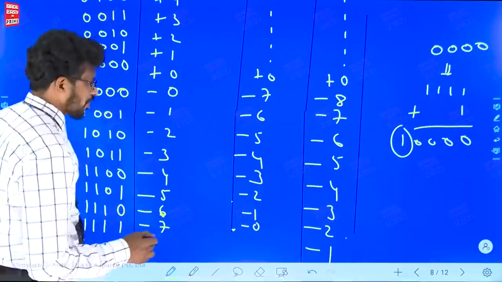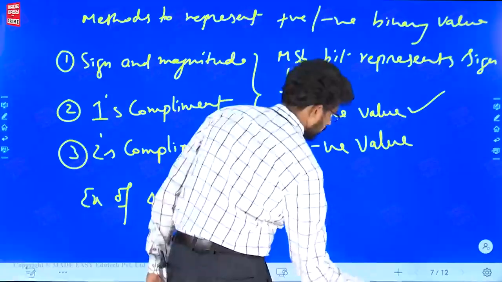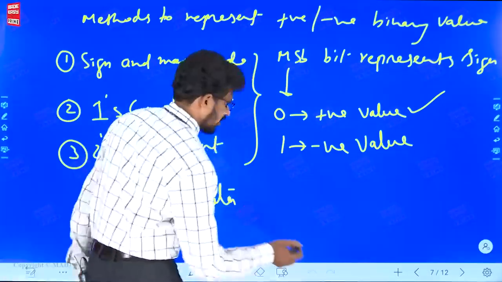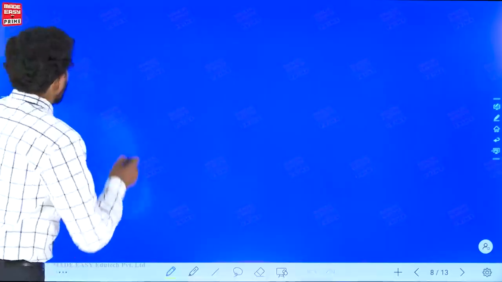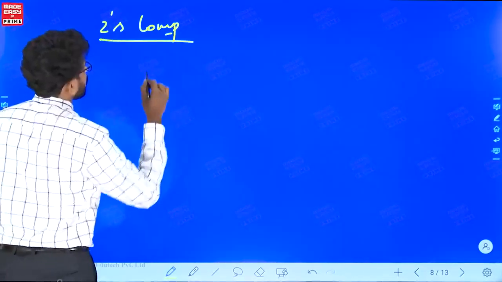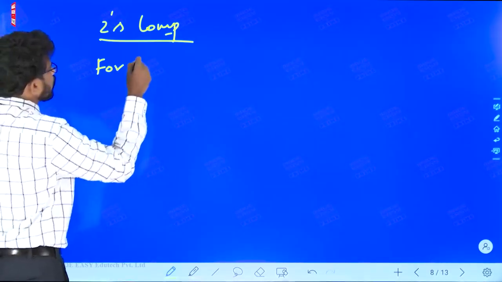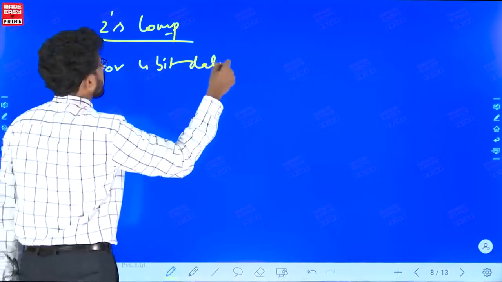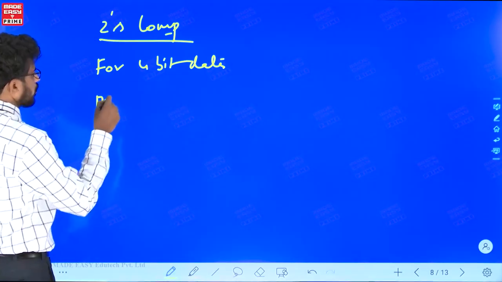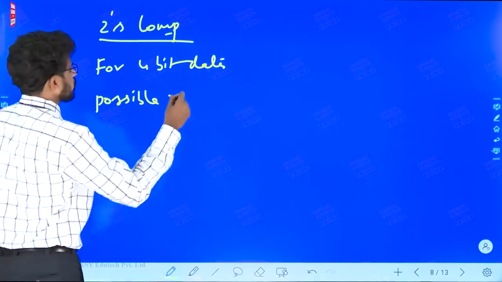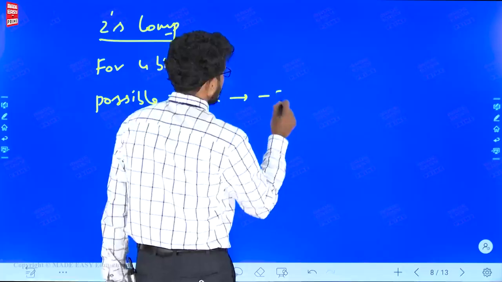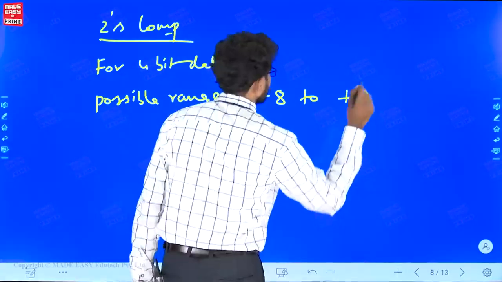It means there is one important conclusion out of this. Observe carefully. In the 2's complement method for 4-bit data, the possible range is minus 8 to plus 7.